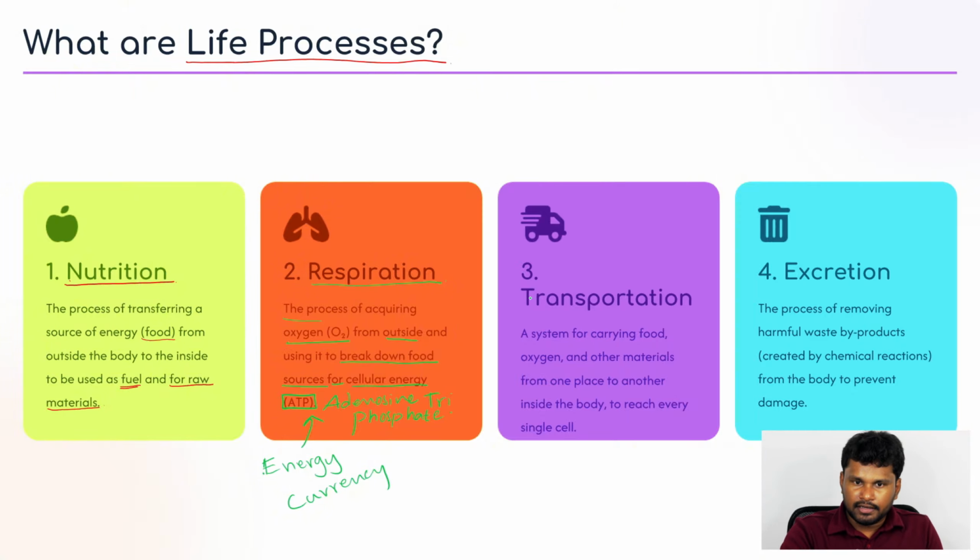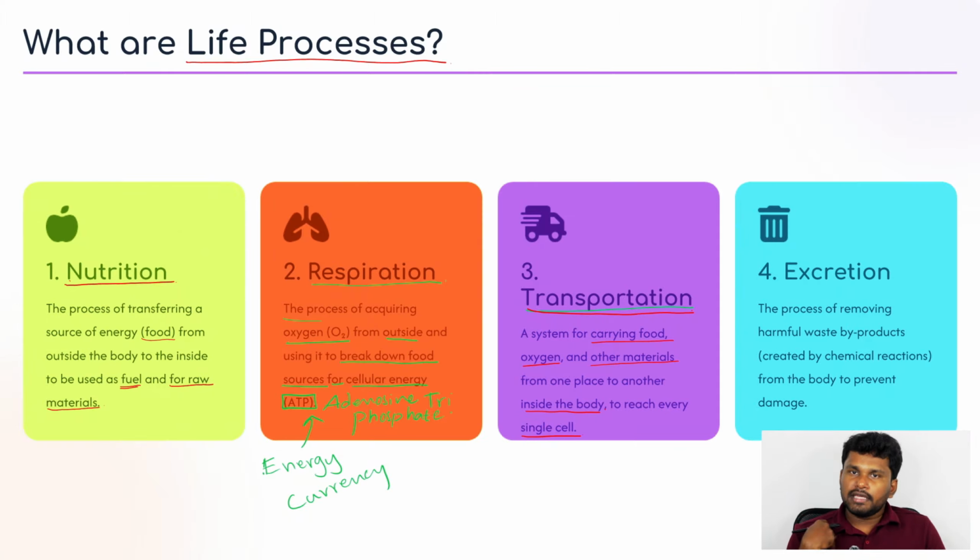Okay, next. The third system is the transportation system. So what is the function of the transportation system? A system that carries food, oxygen and other materials from one place to another place inside the body to reach every single cell.